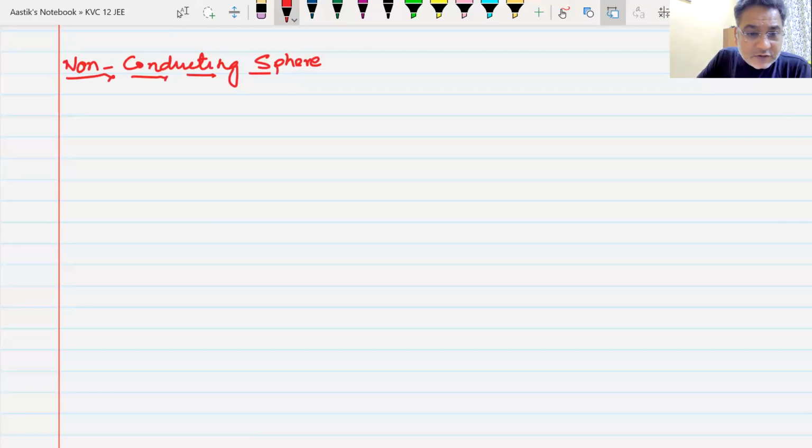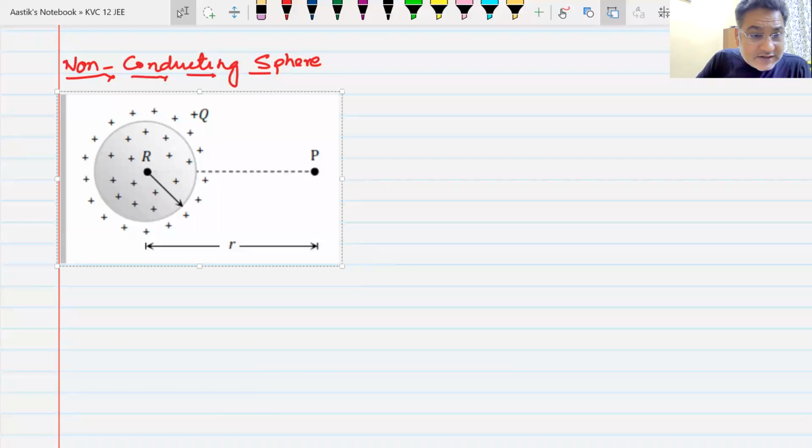So if you have a non-conducting sphere, and this is how we are going to draw this non-conducting sphere, so that you get the feeling that this charge which is there inside the sphere is present everywhere in the sphere. It is present in the volume of the sphere, as you can see very clearly.